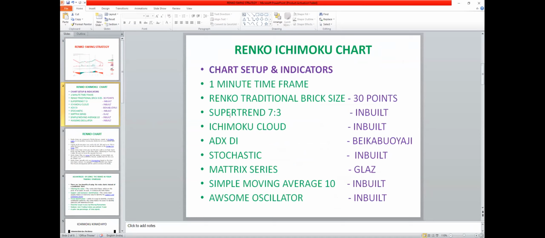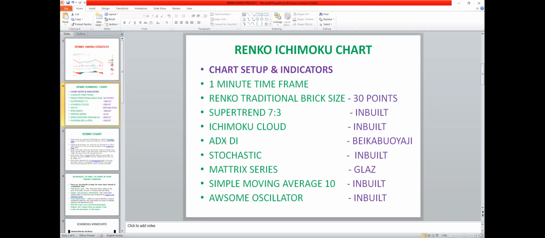And we have used Super Trend in that chart, that is 7,3. That one is inbuilt, and Ichimoku cloud, that is also inbuilt, and I will be describing more about Ichimoku. Some people might be hearing it for the first time, so I will be explaining it in more detail.